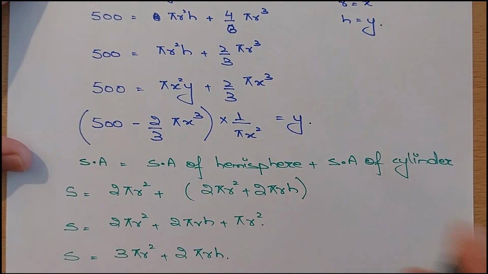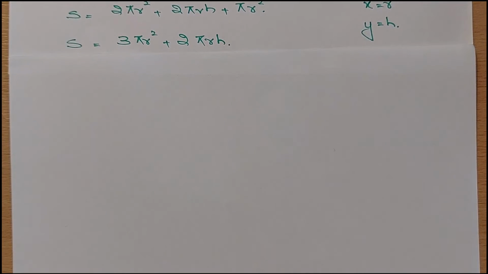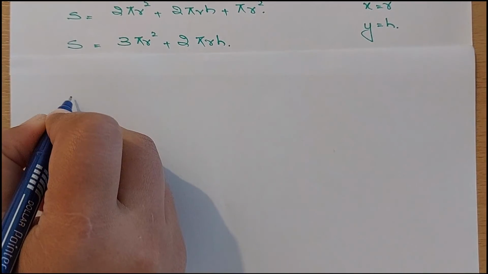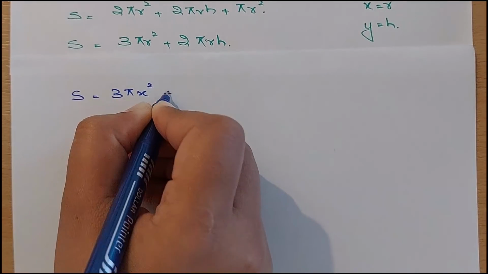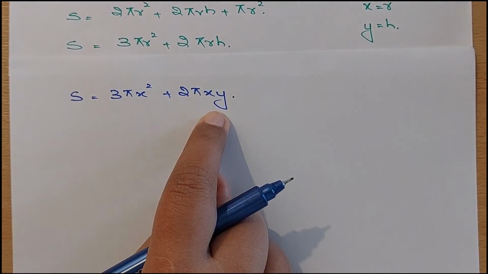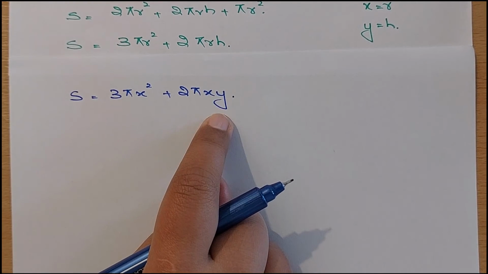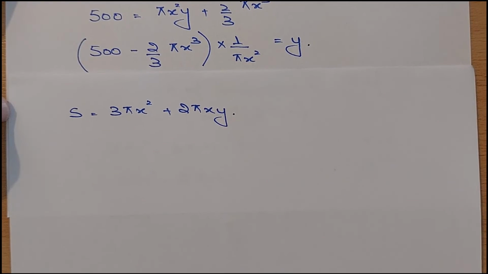Again, we have to replace the variable r with x and h with y. So after replacing, we will get the surface area is 3 pi x square plus 2 pi x y, and we have to substitute the value for y, as we know that y has this expression, we just got it.